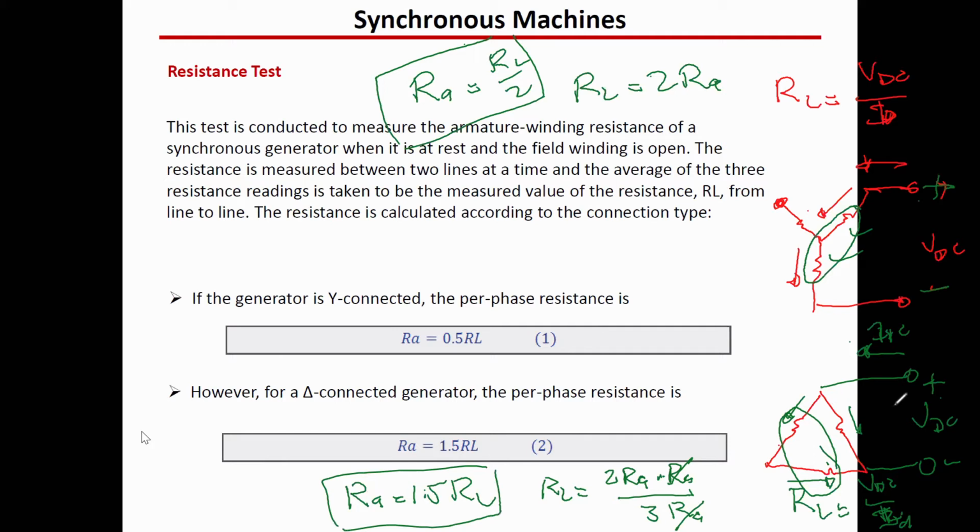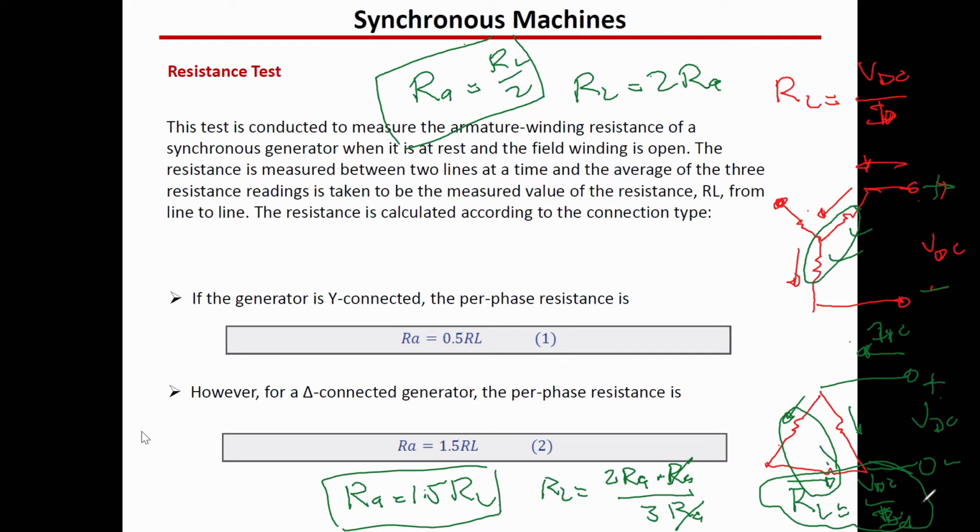So whatever resistance we got out of this test, RA will be 1.5 multiplied by the resistance out of this test. Is it clear? Any question here?